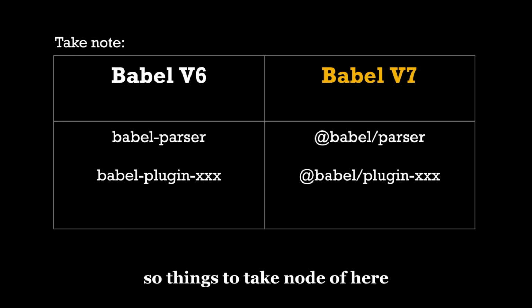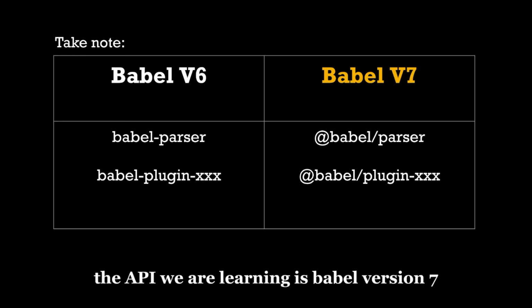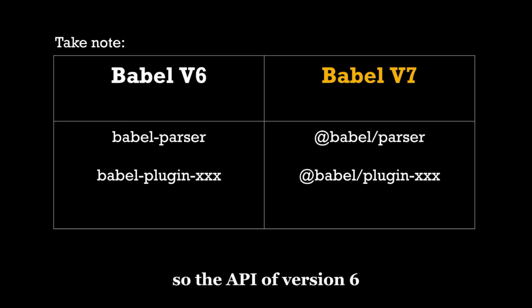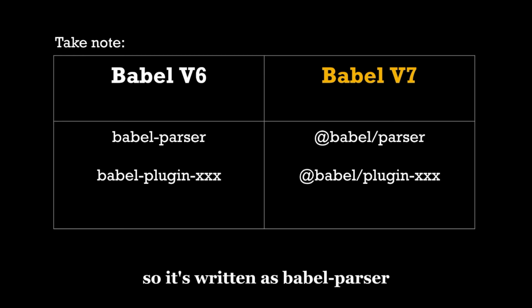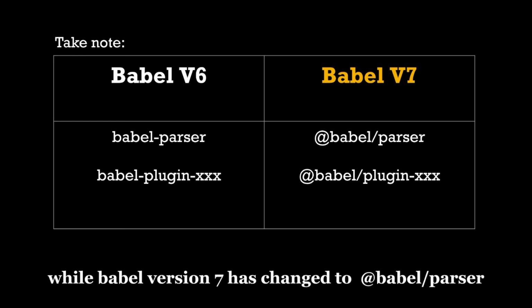So things to take note of here. The API we're learning is Babel version 7. The API of version 6 has not been divided according to scope, so it's written as babel-parser, while Babel version 7 has changed to add @babel/parser.